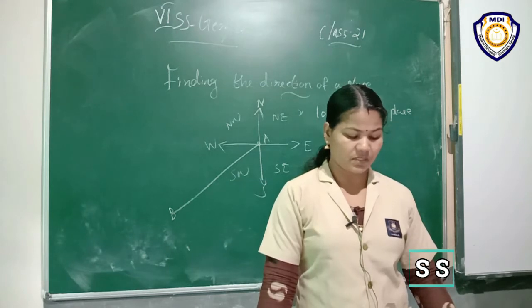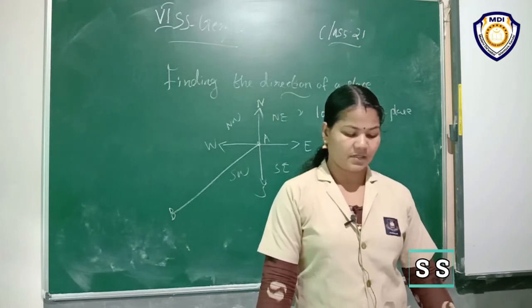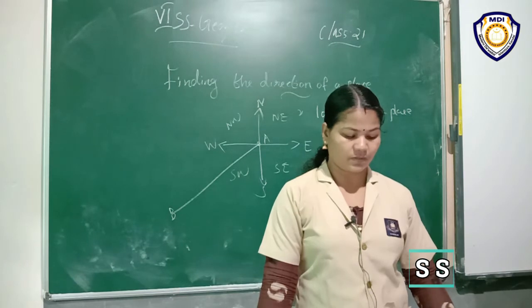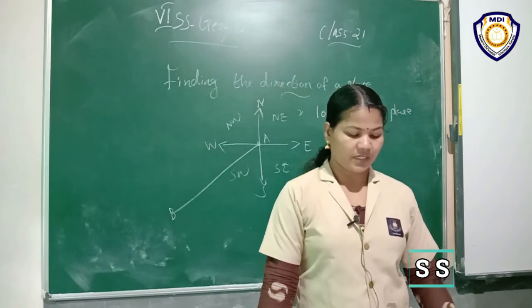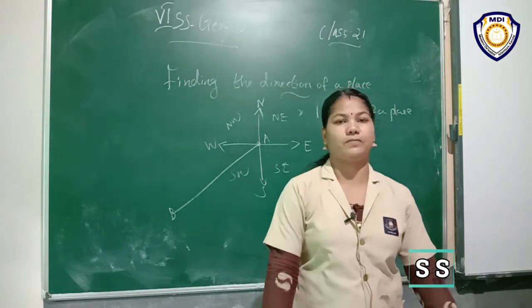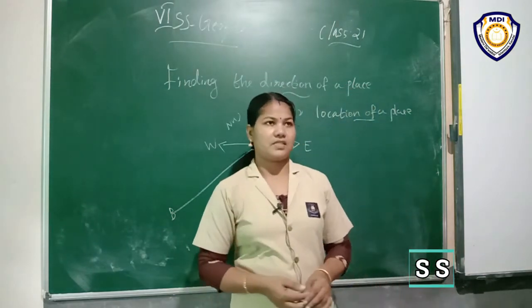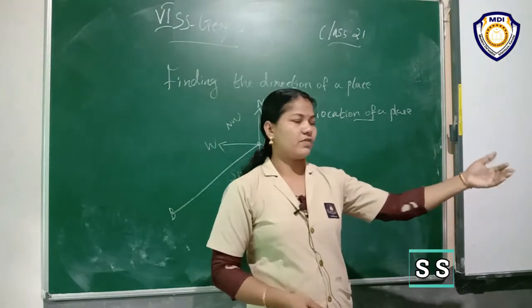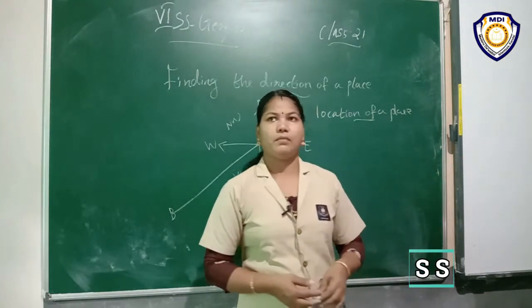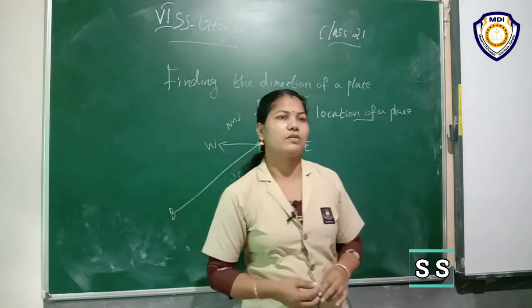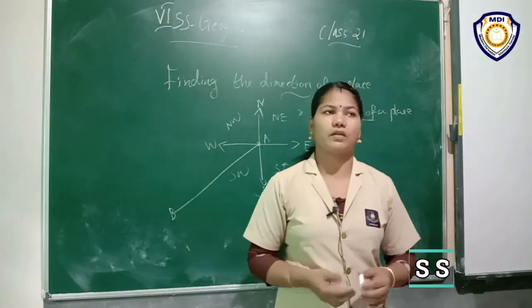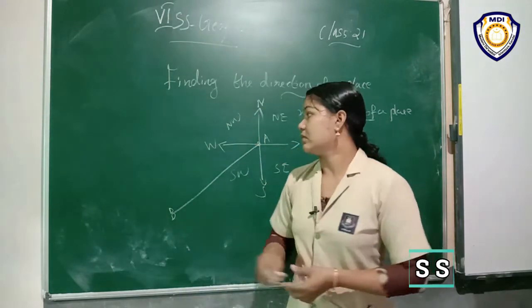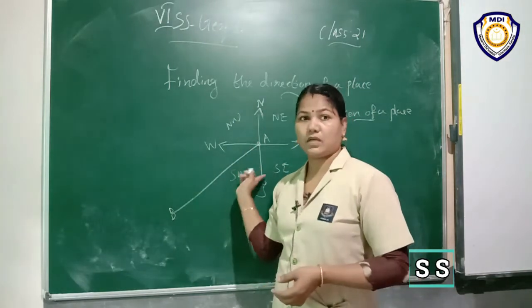This is because there would be so many places which are 1 kilometer from the school. Now, if he tells you that his house is 1 kilometer to the south of the school, listen, if your friend just says, my house is near, just from here 1 kilometer, then you think about 1 kilometer, where, north, south, east or west.